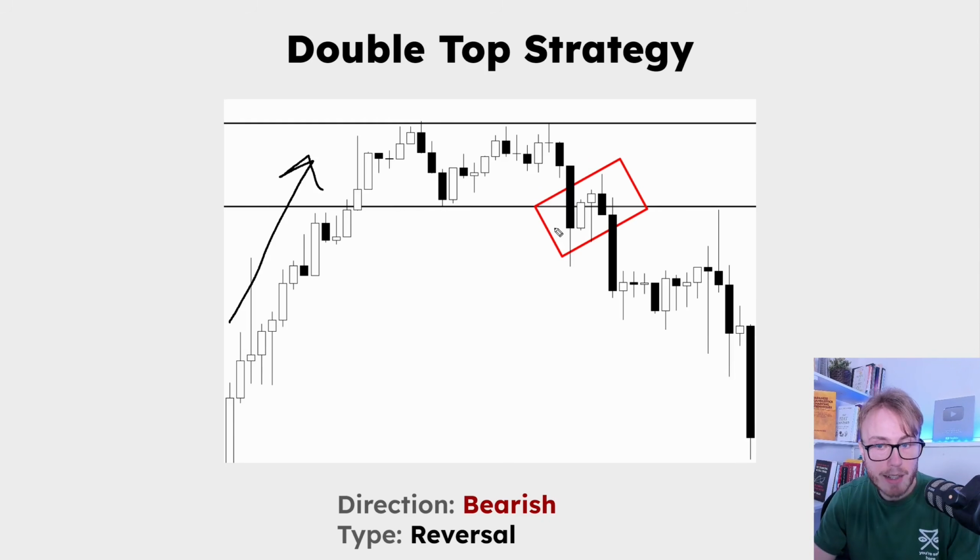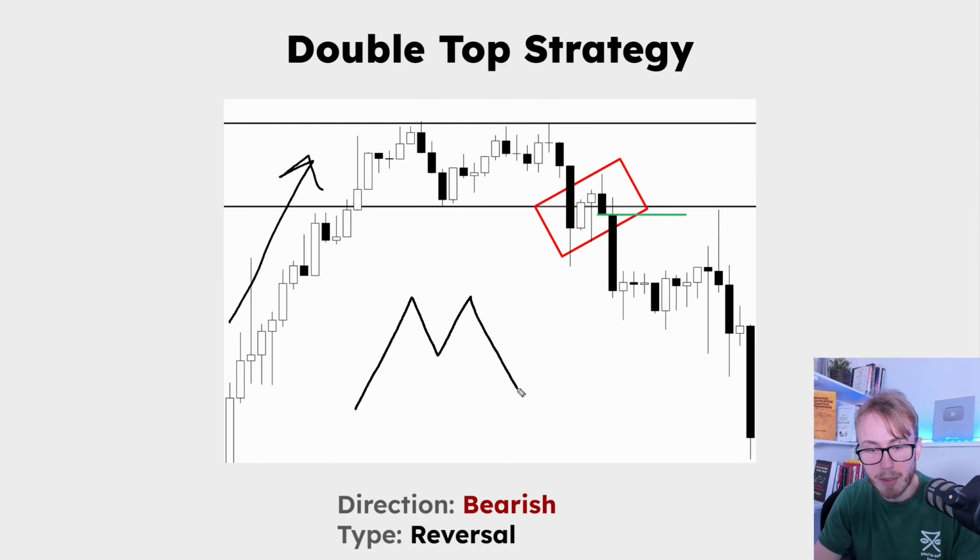But an excellent entry point can actually be to wait for the price to pull back, or in other words, move against the direction of the breakout move, and then enter at the pullback. So in this case, the entry would be right here. And to make this example more clear, let me show you guys how this would look in a textbook. So in a textbook, let's say we have a very clear double top like this.